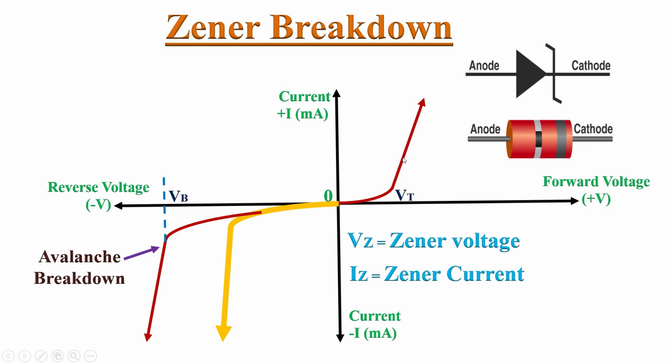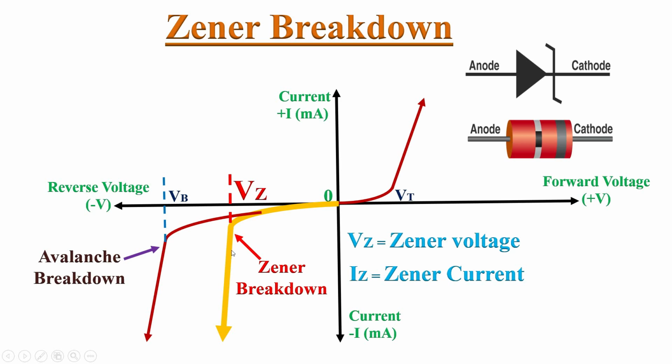If you see the VI characteristic curve of the Zener diode, it behaves just like a normal diode in forward bias. And in reverse bias, the voltage after which the Zener diode operates is known as the Zener breakdown voltage or Zener voltage, and the corresponding current is known as Zener current.